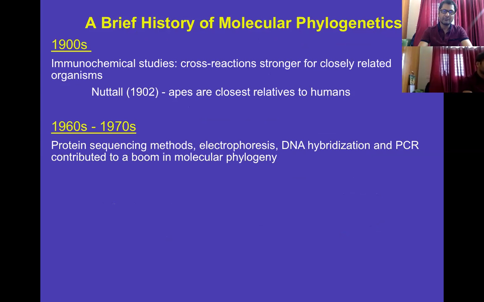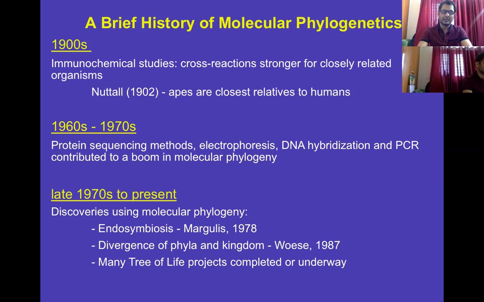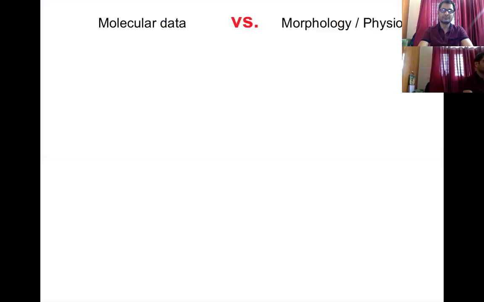Then came protein sequencing, electrophoresis, DNA hybridization, and PCR, which contributed to the boom in molecular phylogeny. From 1970 to the present, discoveries using molecular phylogeny include endosymbiosis and the divergence of phyla in kingdoms by Woese's three kingdom classification in 1987, and many tree of life projects have been completed and are underway.